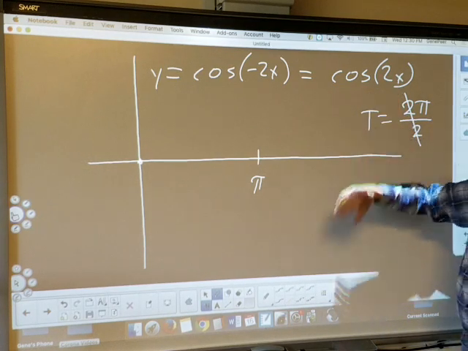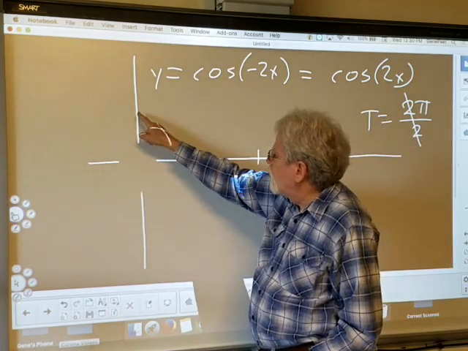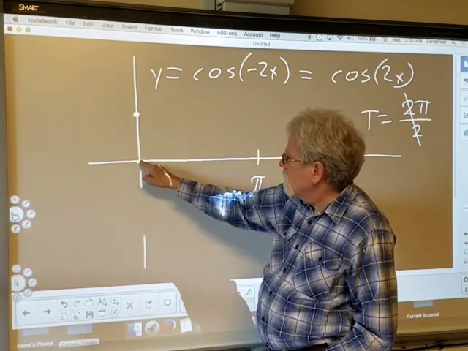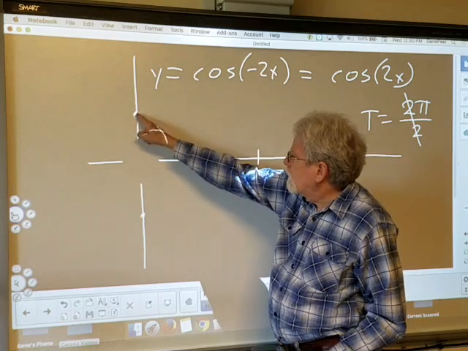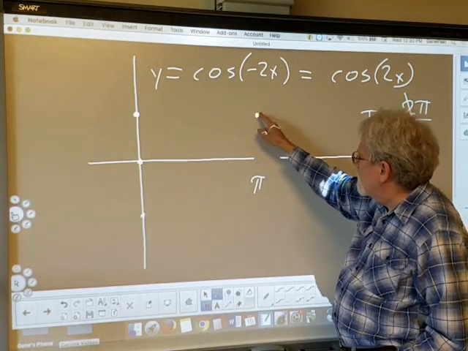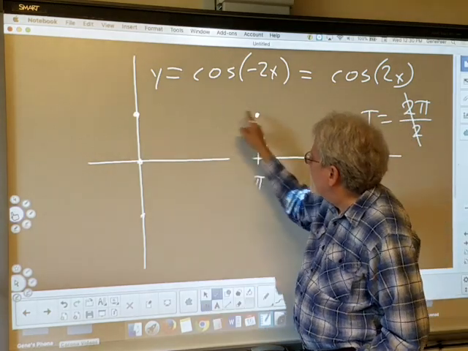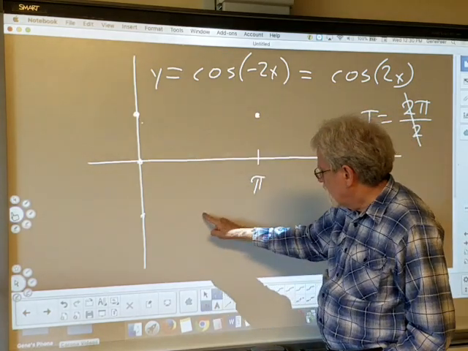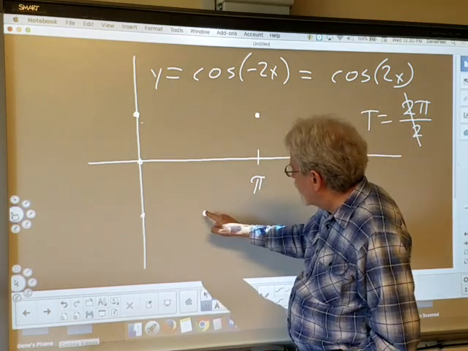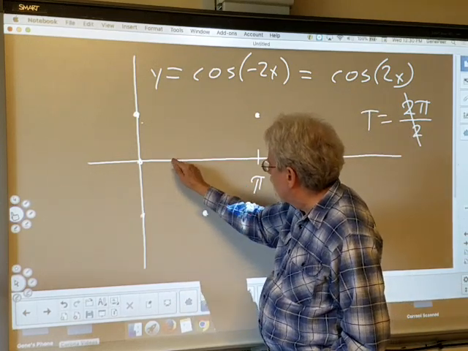This is ordinary cosine, which means it has an amplitude of 1, and it starts up here, not down there. So it has a maximum point here, and then it repeats itself when it gets here, so we have another maximum point here. We must have a minimum point halfway between, down here, and then it has to pass through the axis halfway between these two, which would be right about here.